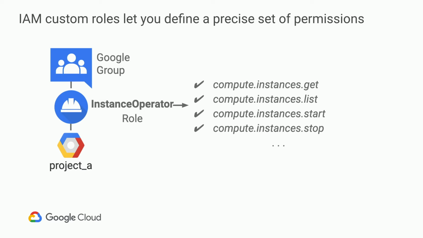And finally, we have the custom roles. Custom roles give you the ability to define your own permissions. So let's say there is a team in my company, and I only allow them to operate my VM instance.